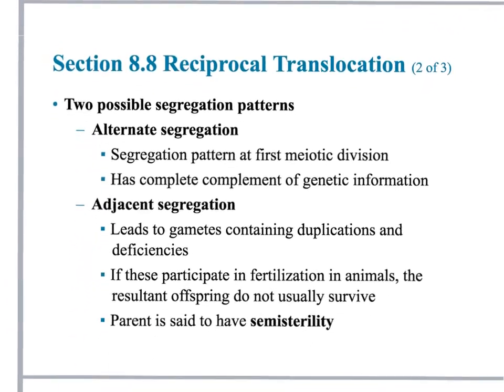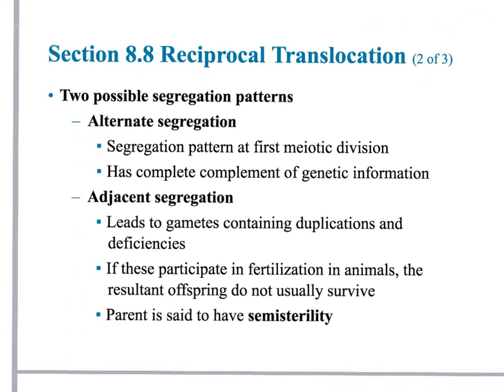And here are the reciprocal translocations. There are two possible segregation patterns. One is an alternate segregation pattern at the first meiotic division, and that would have a complete complement of genetic information. But an adjacent segregation leads to gametes containing duplications and other deficiencies. The other deficiencies could be deletions, or more duplications.